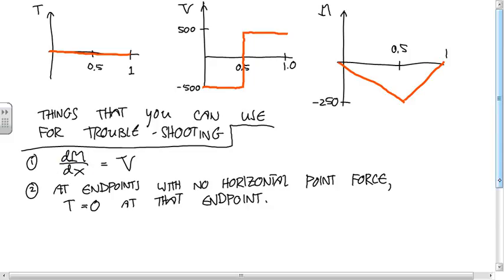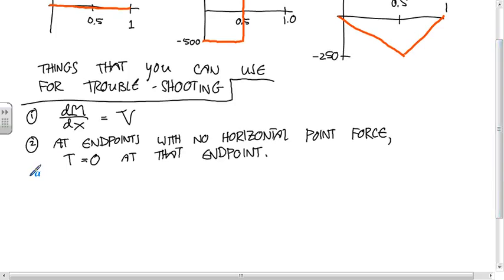So far, it looks like our answer makes sense. Okay. The third one. What do you think the third one's going to be? Look at this beautiful symmetry of conditions I'm setting up at endpoints with no vertical point force. Then V will be equal to 0. That's right, at those endpoints.